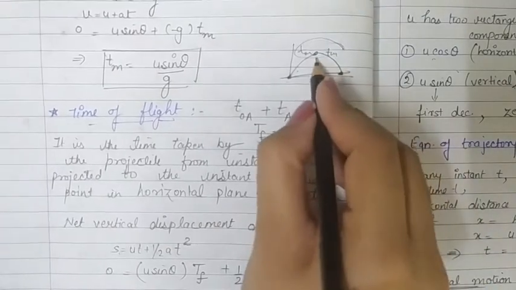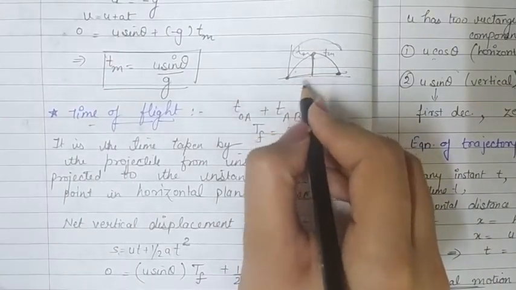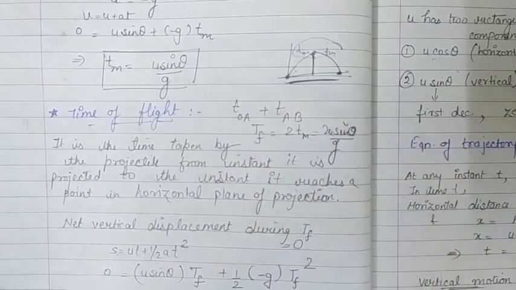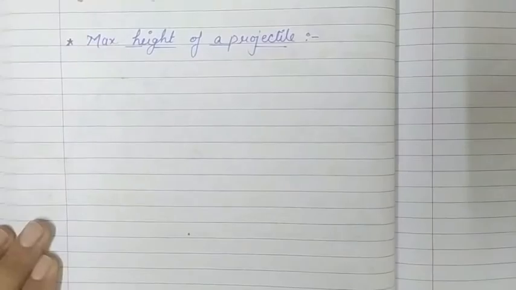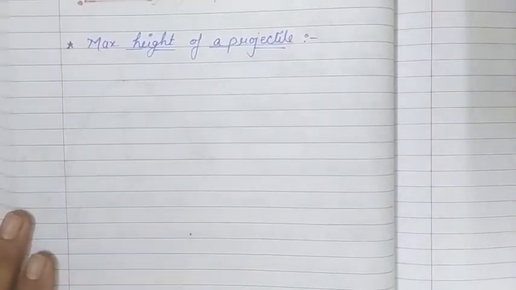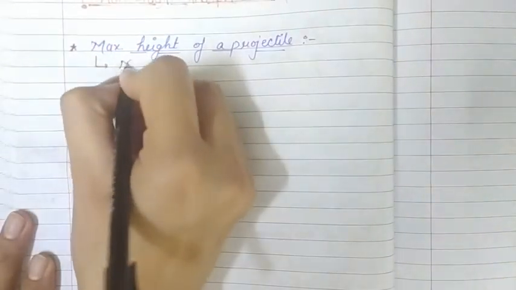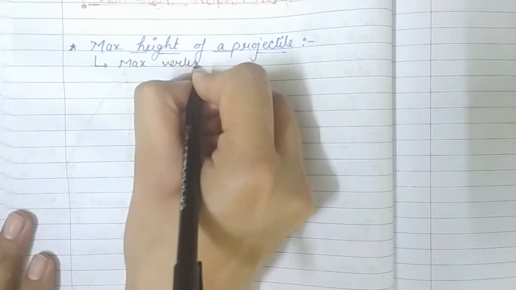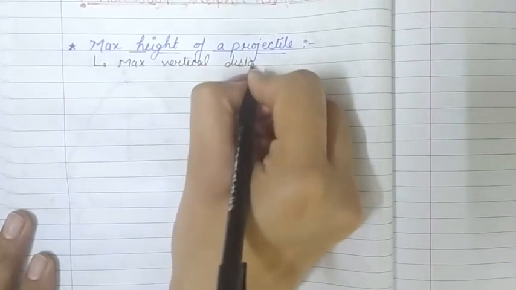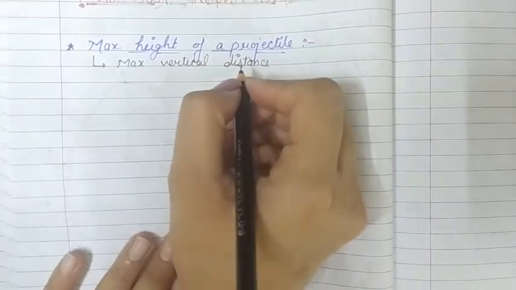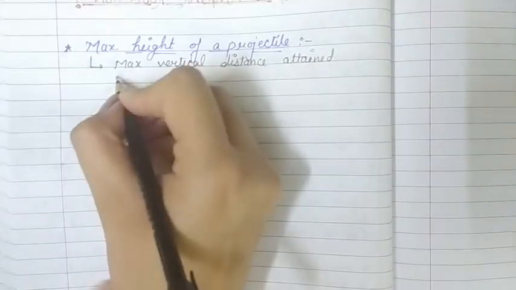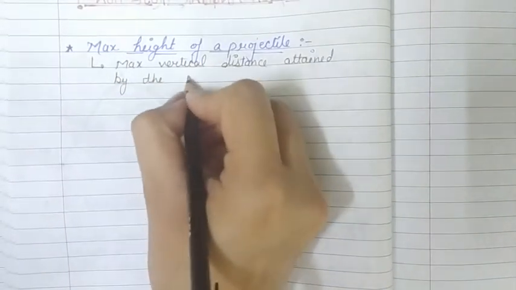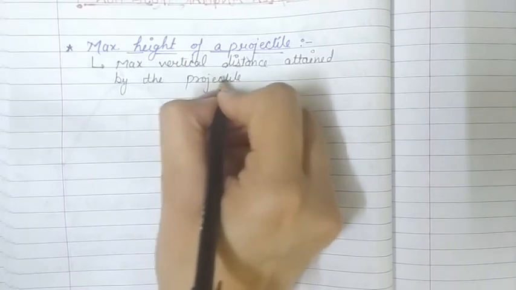Now 2 points are remaining. One is the maximum height that it achieves, means the distance Hm, and next is the horizontal distance, means horizontal range achieved by the projectile. Let's see. So maximum height of the projectile is the maximum vertical distance attained by the projectile above the horizontal plane.